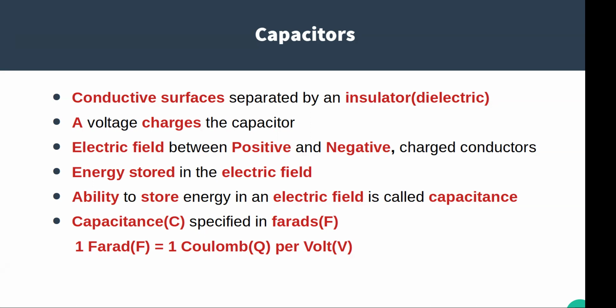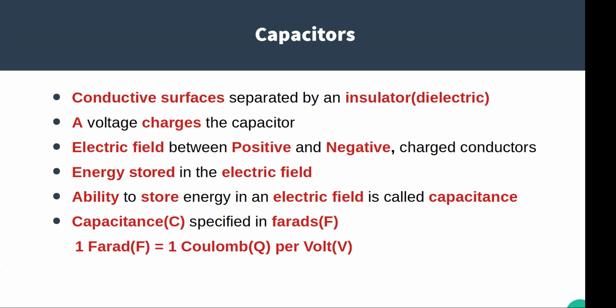You have that electric field, one side will be positively charged and the other negative because it doesn't conduct current. It just accumulates electrons on one side and positive ions on the other, and that potential difference creates the electric field between them.